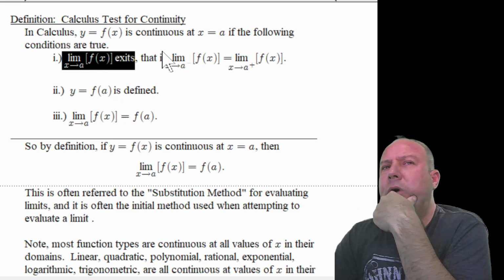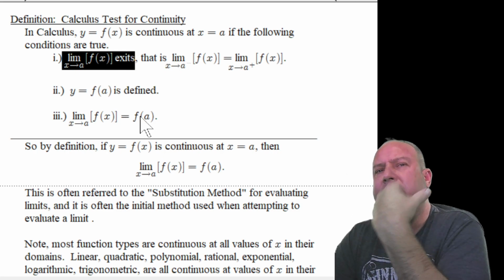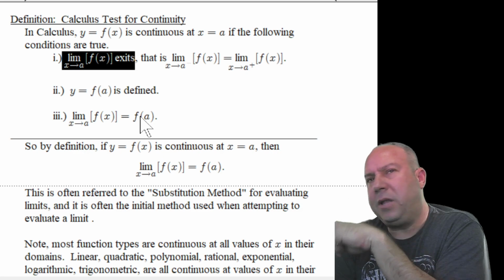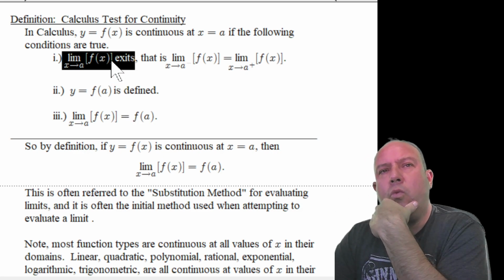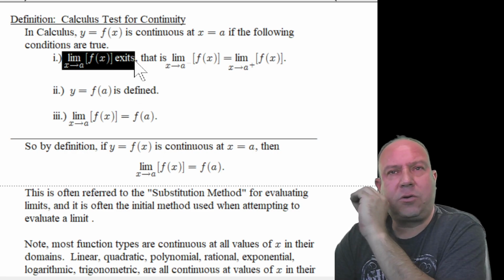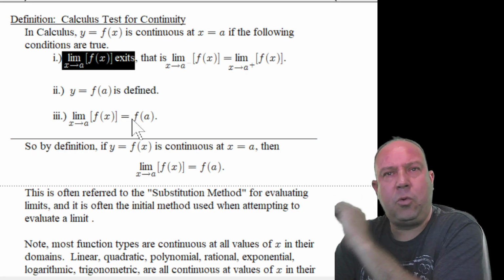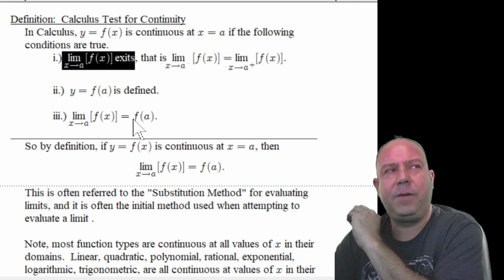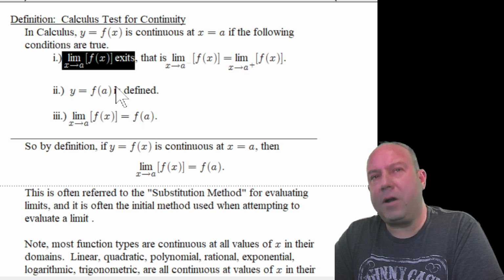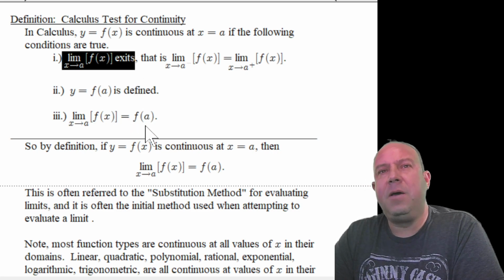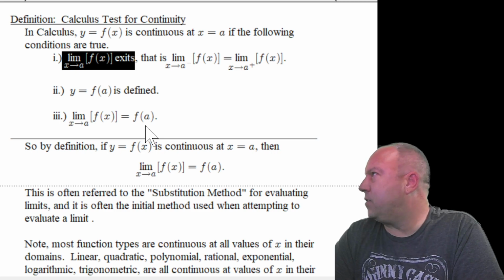1 and 2 are interchangeable in their criterion. 3 only comes into play in the test when criterion 1 and 2 both pass. Once criterion 1 and 2 both pass, you do want to check criterion 3. There are instances where the limit does exist, f at a is defined, but this criterion 3 fails to be true.